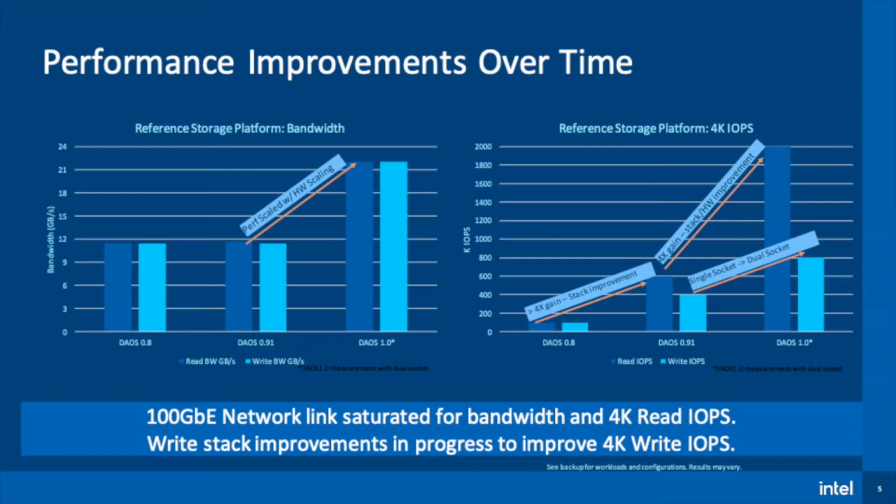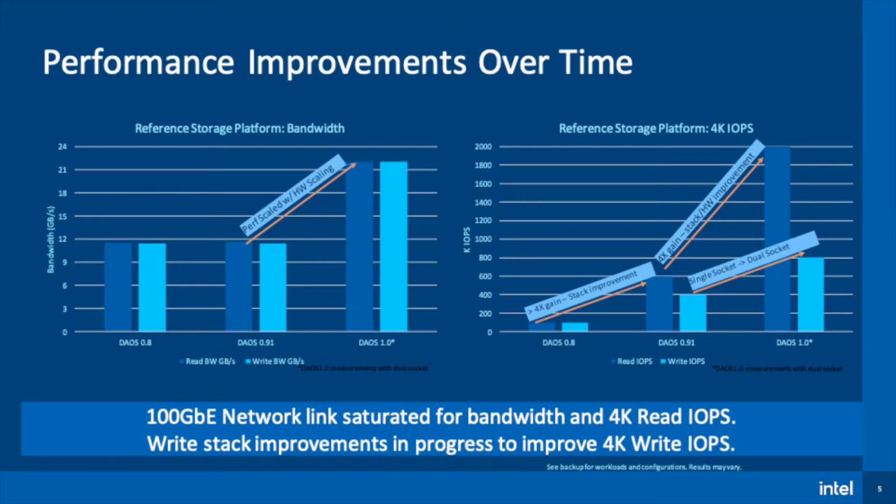With DAOS 1.0, performance scaled 2x when we went from single socket to dual socket. And for read IOPS, we were also able to get additional gains from DAOS stack improvements, and we achieved 100 gig link saturation by getting 1 million read IOPS.